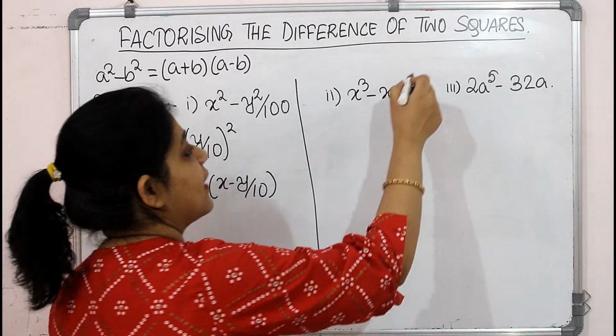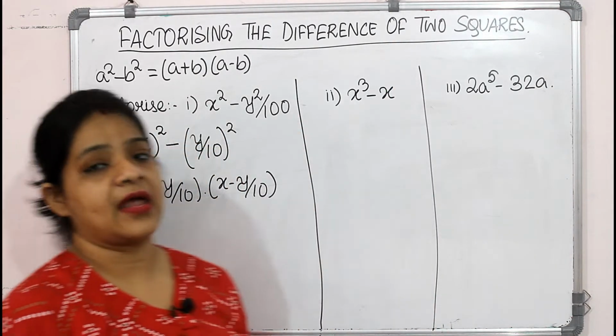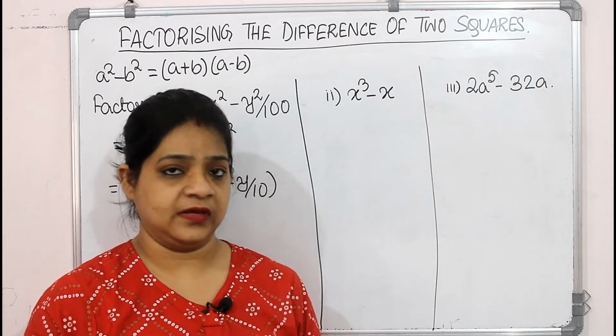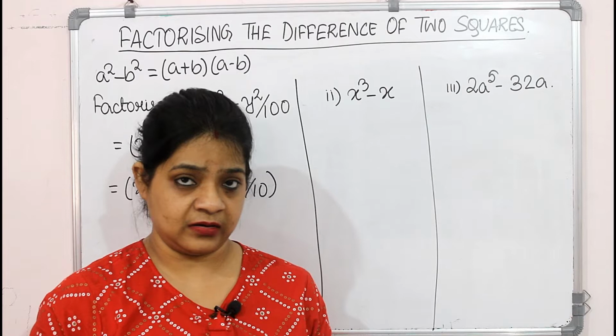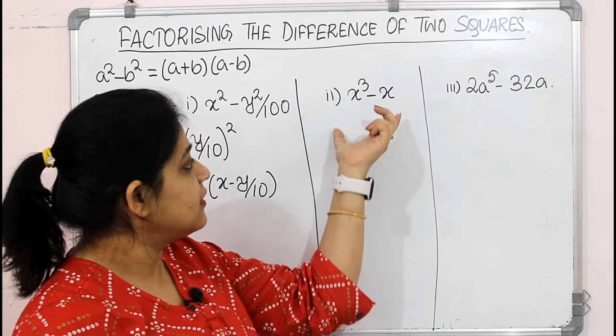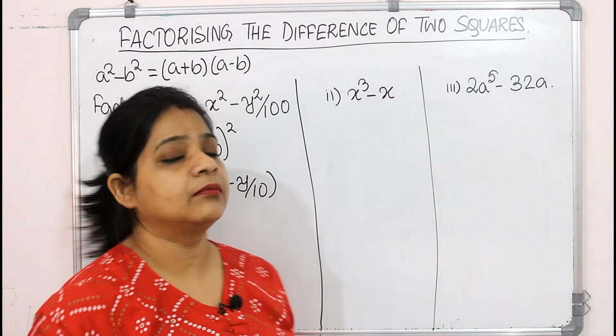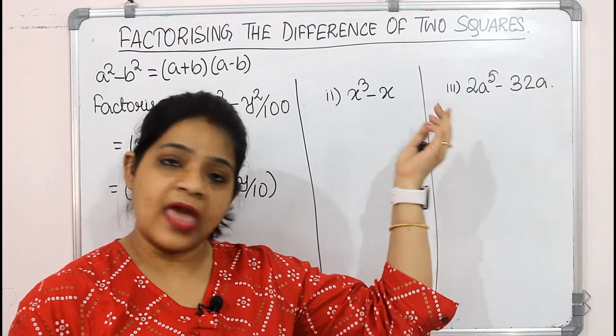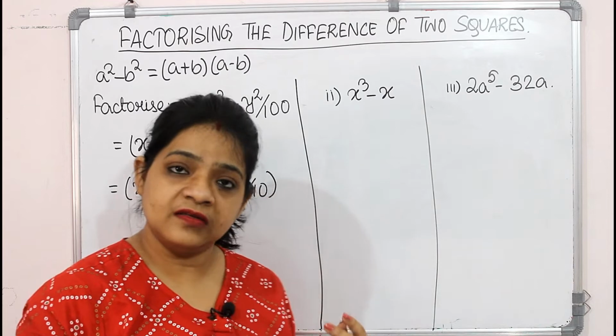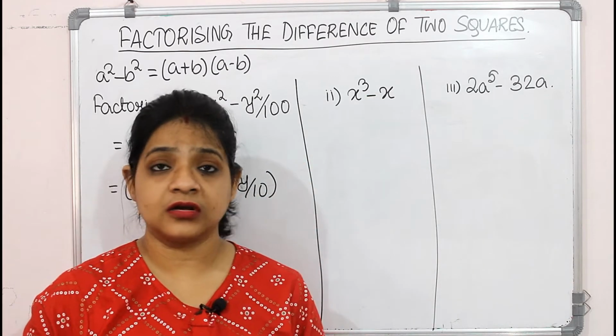The second is x cube minus x. Now you have to apply two concepts here. First of all, identify whether the individual terms are squares or not. x cube is not a square, and x is also not a square.